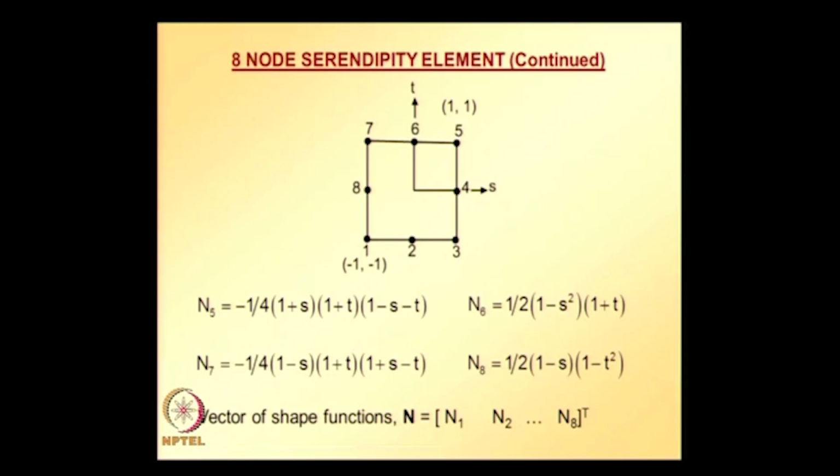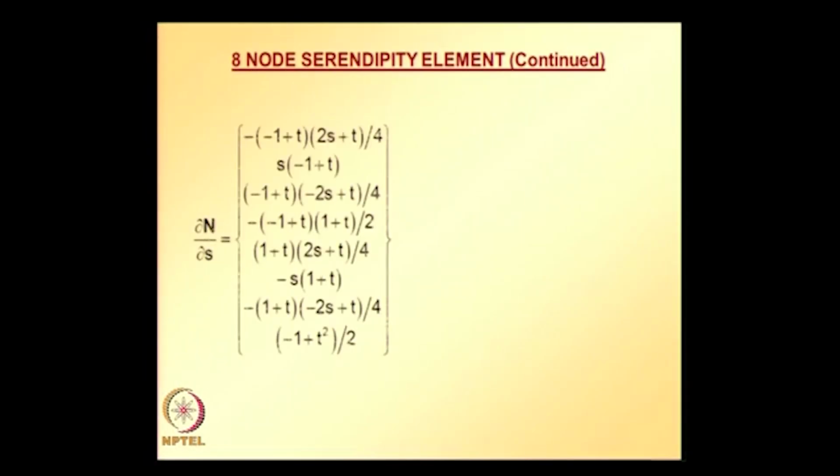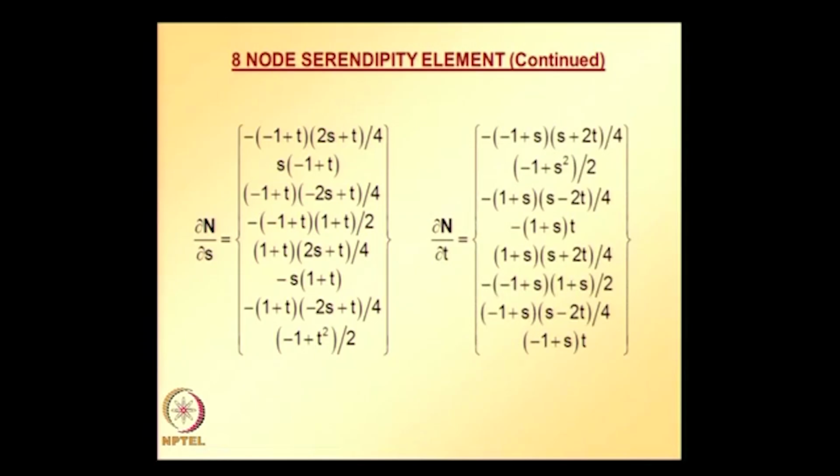Since we have all the shape function expressions, we can easily calculate the derivative of the shape function vector with respect to s, and with respect to t, because these two vectors are required for finding the determinant of Jacobian. So, now let us see what isoparametric mapping is for the 8 node serendipity element.